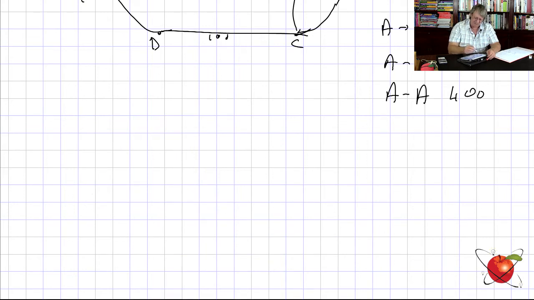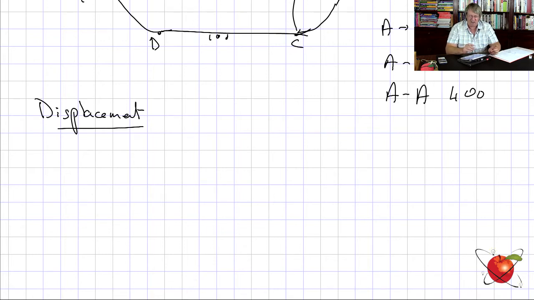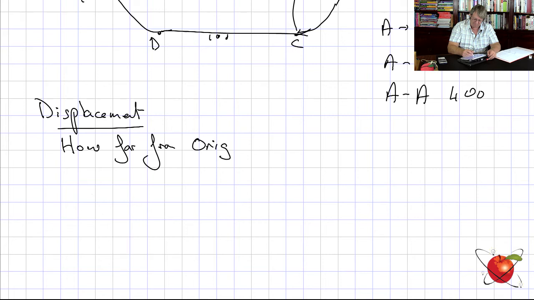Displacement is how far have you gone from origin? So let us say, for example, I have gone this way, this way, this way, this way, this way, this way, and that way.